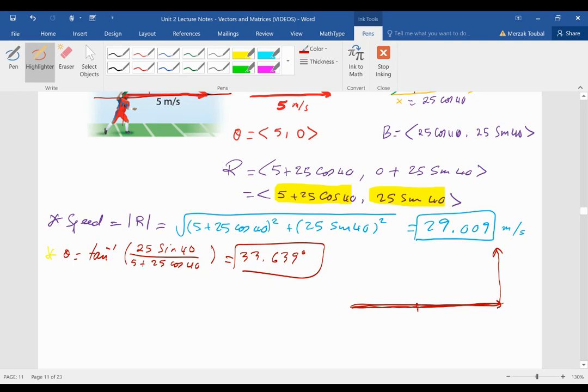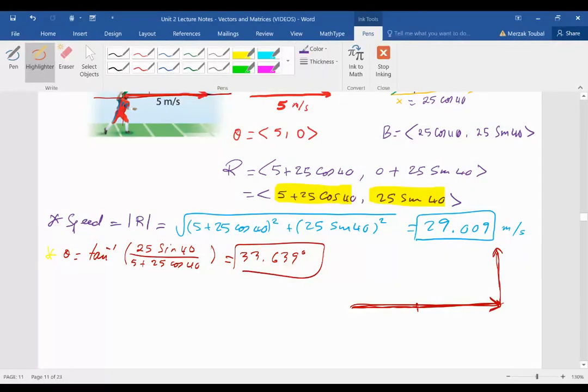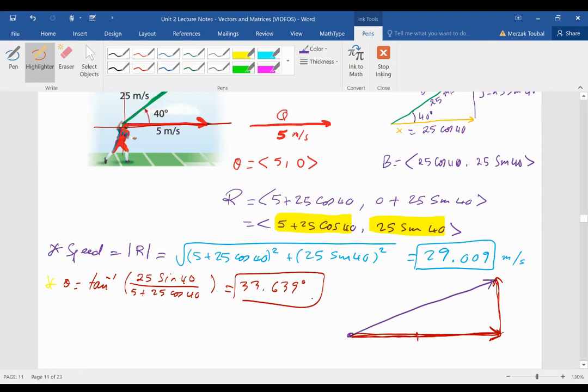So the resultant vector, remember, this is the tail attached to the tip. So the resultant vector should be connecting the two vectors from the tail to the tip, like this. Okay, that's the resultant vector. And the magnitude of this resultant vector is what we did over here in blue, and the angle, we found that it's 33.639.